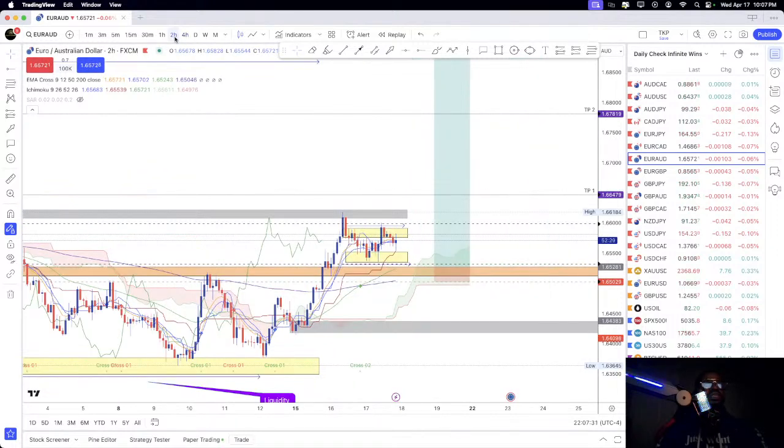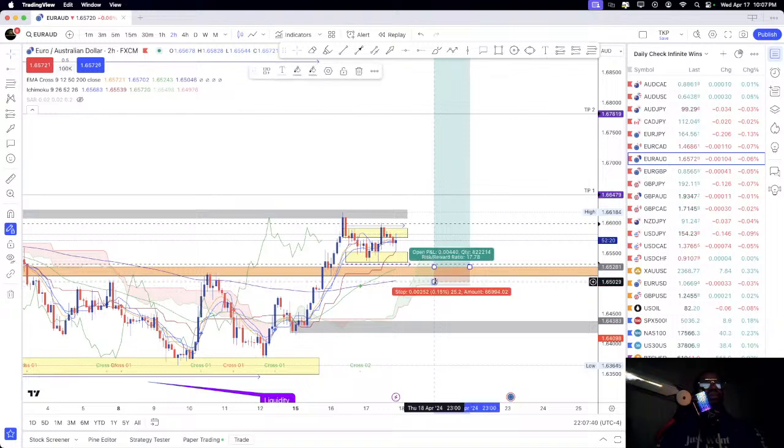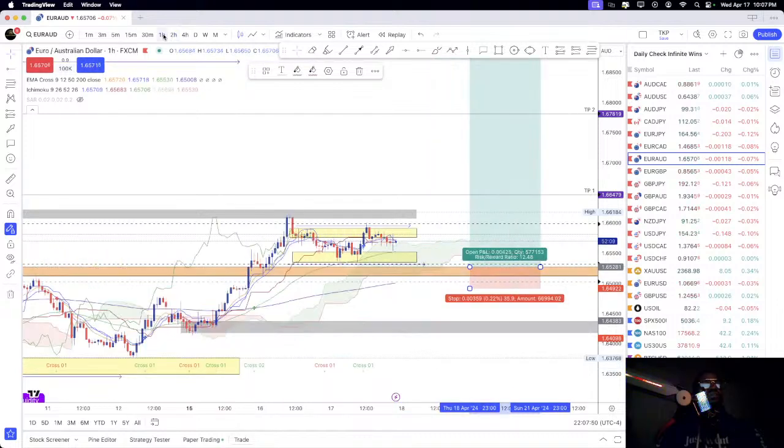Now on the 2 hour, we also can probably drop it right here beneath this cloud, just to be a little safe.